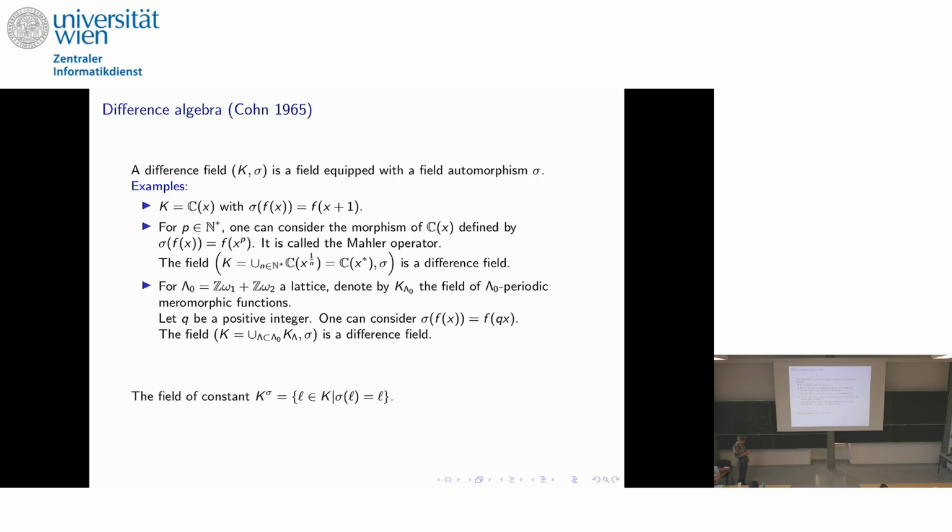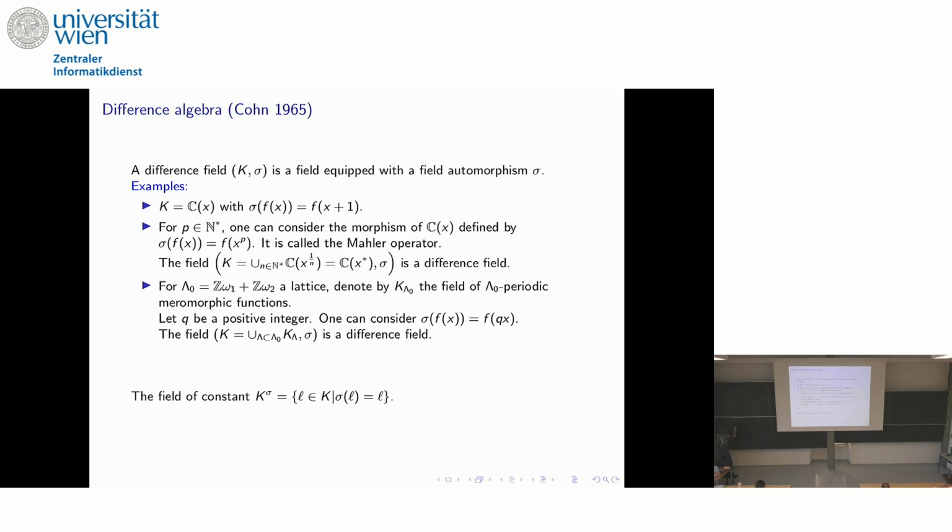So one field of importance in this difference field is the field of difference constants, which I denote by k sigma. It's just the elements of my base field that are fixed by the difference operator. And in all the examples above, this field of constants is the field of complex numbers.